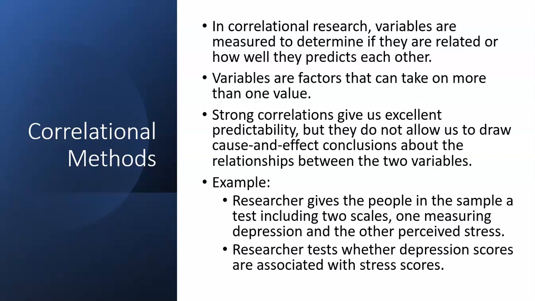So, for example, as I said before, you could use two scales that generate scores that are quantitative, and you can test for the relationship between depression and perceived stress. What you can't say is that depression is causing the stress, nor can you say that the stress is causing the depression. All you can say is that they're related.